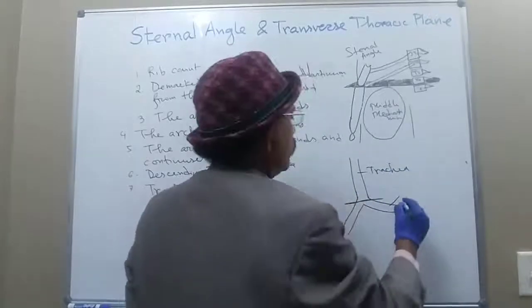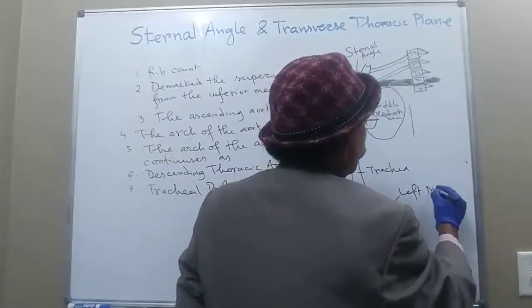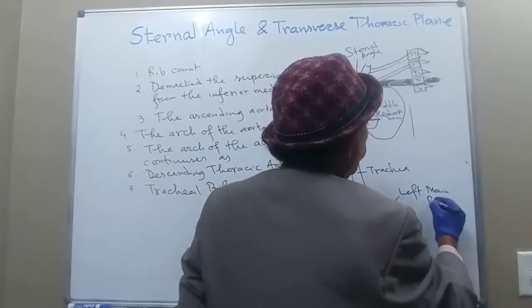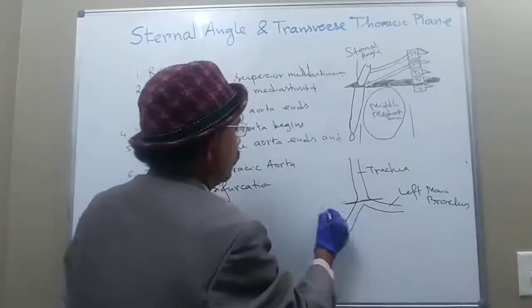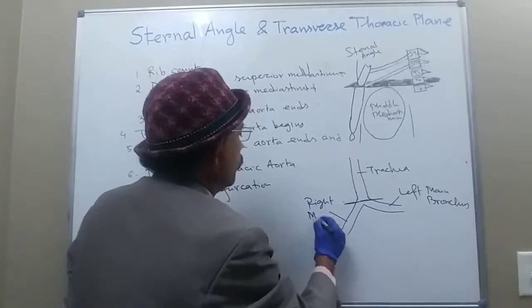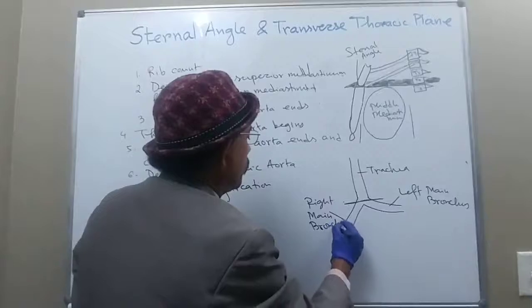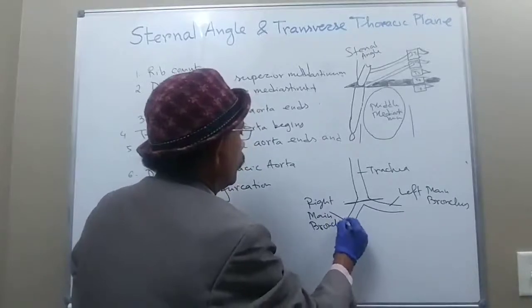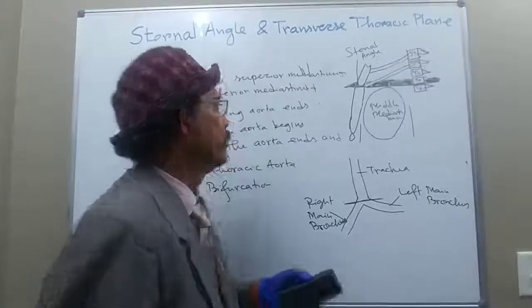This is the left main bronchus, or primary bronchus, or principal bronchus. This is the right main bronchus. Okay, we got that. So the tracheal bifurcation.